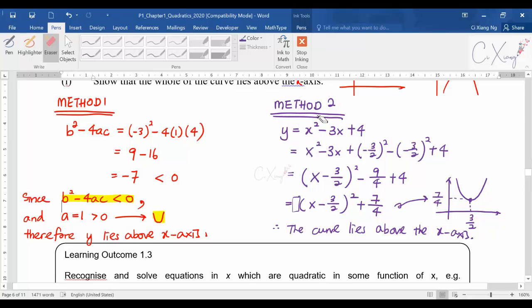And if you are using method number 2, to me the completing square is more convenient, if your concept on this is quite okay. So it depends on which one you prefer more. If you can complete the square, you can straight away show them the coordinates of the minimum point, and then straight away tell them the conclusion. Okay, so these are some questions related to discriminant.